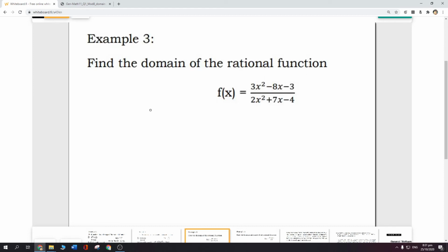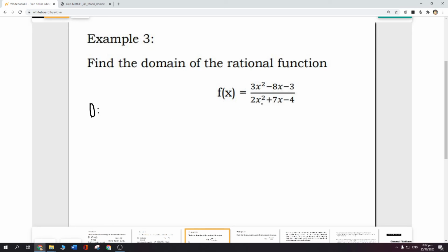And for example number 3, we are going to find only the domain of the rational function f of x equals 3x squared minus 8x minus 3 over 2x squared plus 7x minus 4. So let D be our domain.